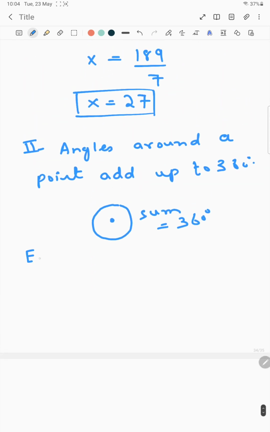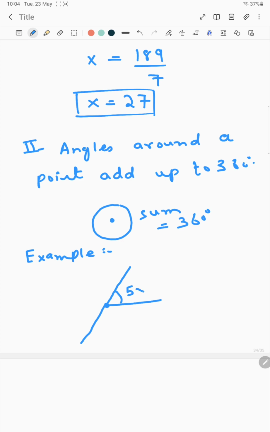So for example, you have this is the point and we have some angles.